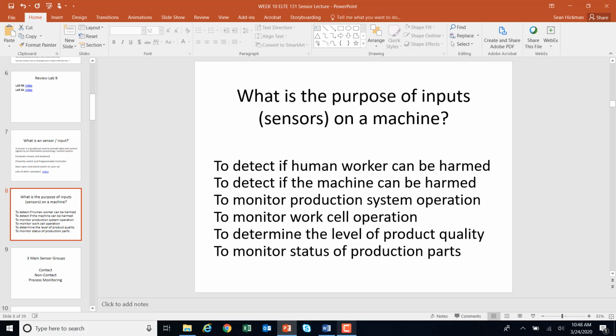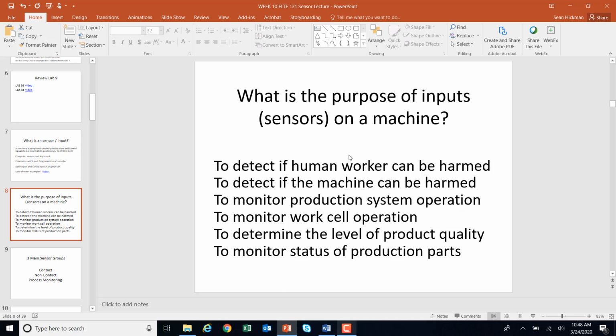Okay. To determine the level of product quality, you might have a vision system on there that when parts go through, the vision system will take a picture of the part, and it will tell you automatically if it's a good part or a bad part. And to monitor status of production parts, something like that might be a barcode scanner, so that when parts come through, a barcode gets scanned, and then you know how many parts you're making, and all the parts quality gets tied to that barcode scan.